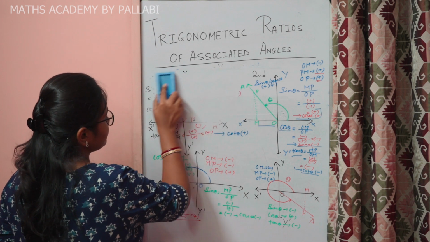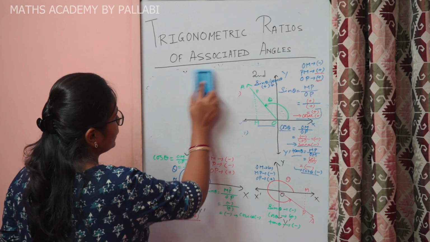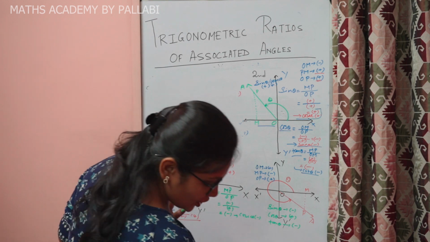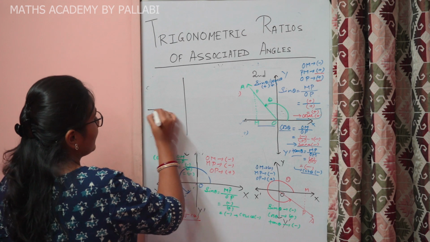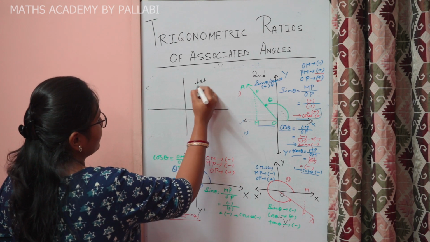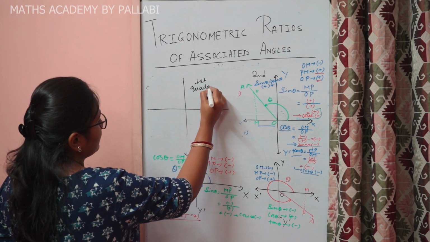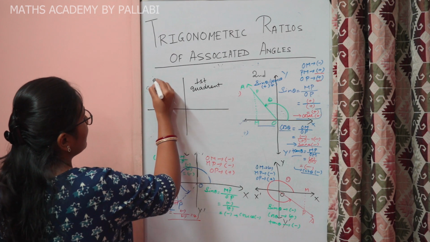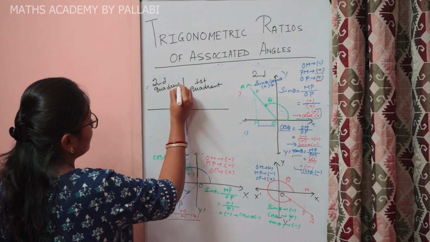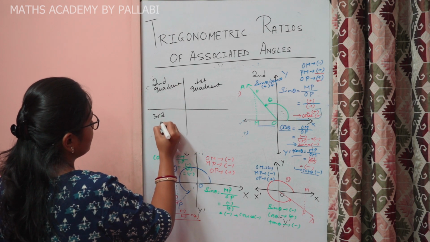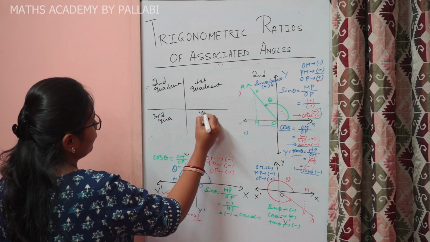Let's see. You can conclude that if the rotation is in the anticlockwise direction, then in the first quadrant, second quadrant, third and fourth.